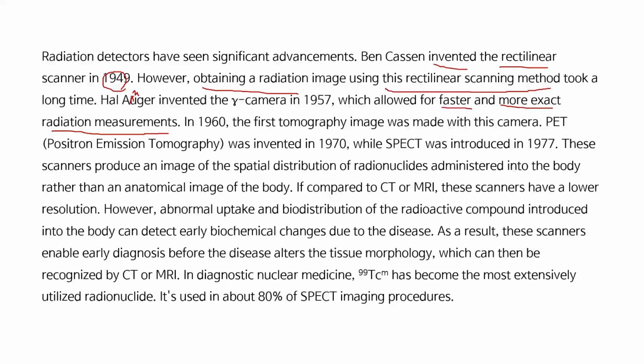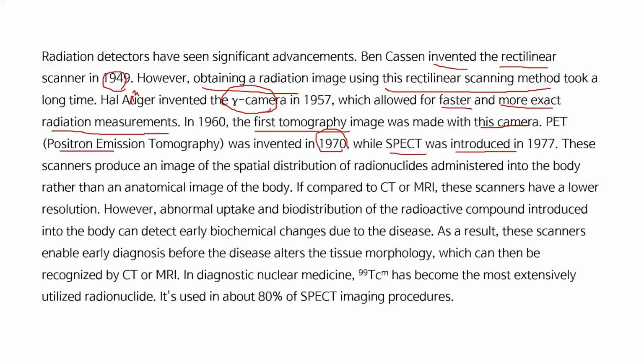We will explain this gamma camera in detail in the second section. In 1960, the first tomography image was made with this camera. PET, which is positron emission tomography, was invented in 1970, while SPECT was introduced in 1977.